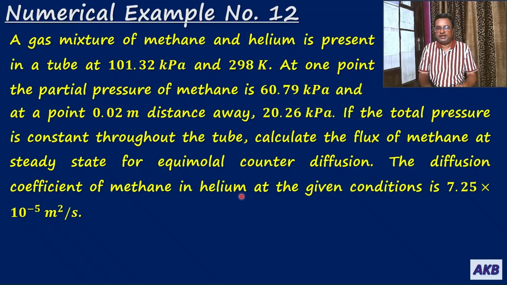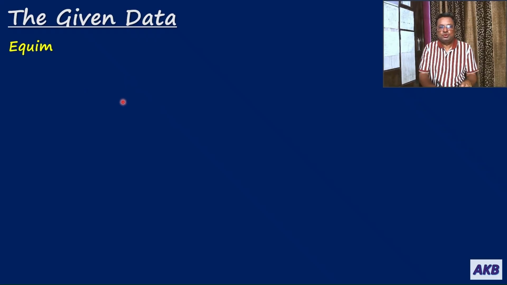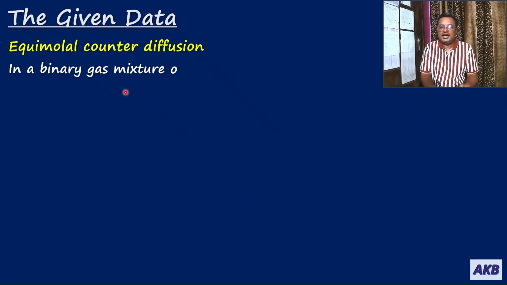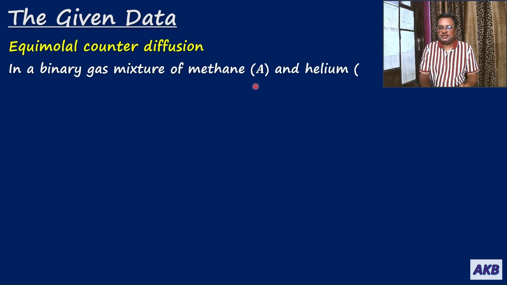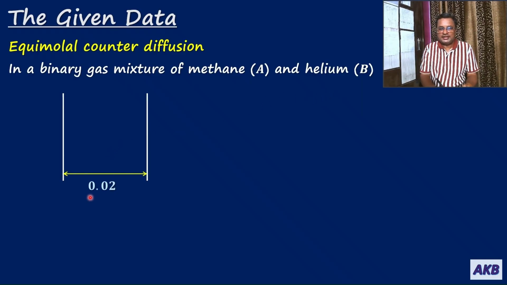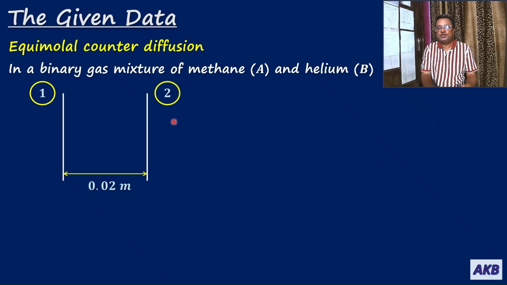Let us first list what is given to us. So you have equimolal counter diffusion in a binary gas mixture of methane, let us denote it by capital A, and helium, let us denote it by capital B. You have 2 points that are separated by a distance of 0.02 meter. Let one end be represented by 1 and the other end by 2.